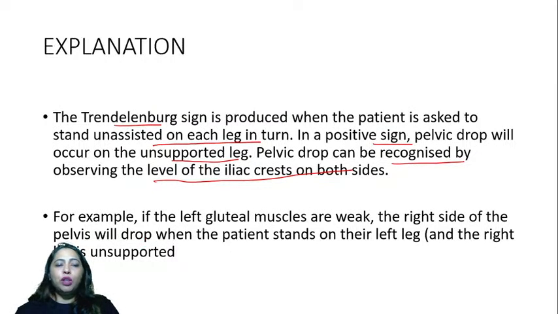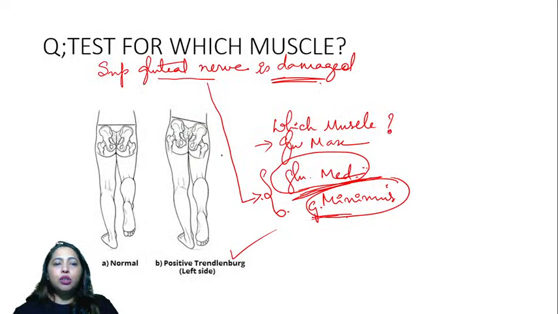So if the left gluteal muscles are weak, then you know the right side of the pelvis will drop. If the left one is weak, the right side will drop. So let's see the previous one. So this side is dropped. So which side is weak? This side is weak, because these muscles are not able to compensate for the action that is being taken.